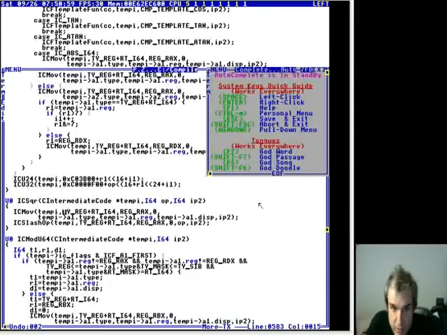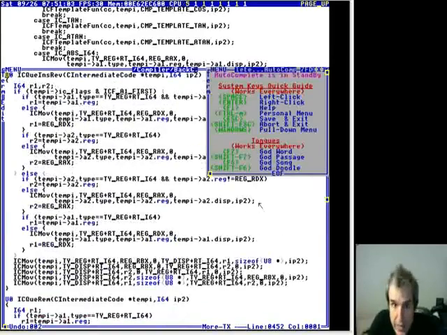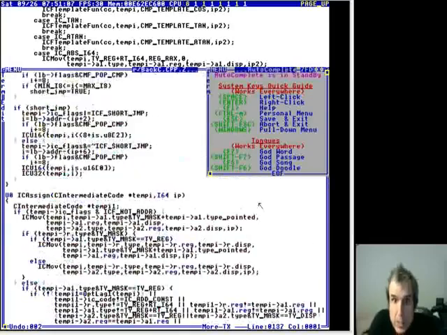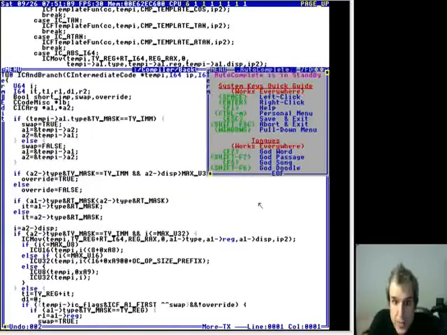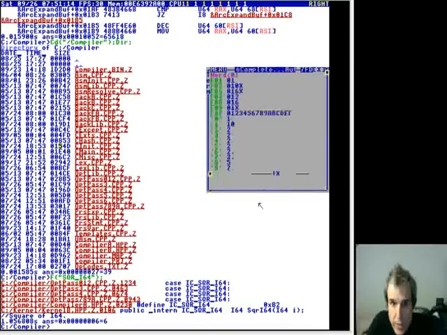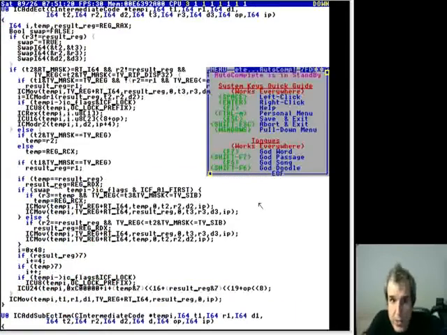So in all of these back-end routines, you'll find the parameters are type, register, displacement. That's the order. Each argument is indicated by a type, register, displacement.